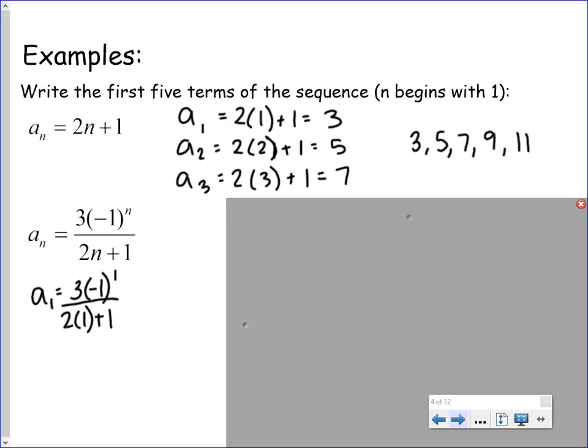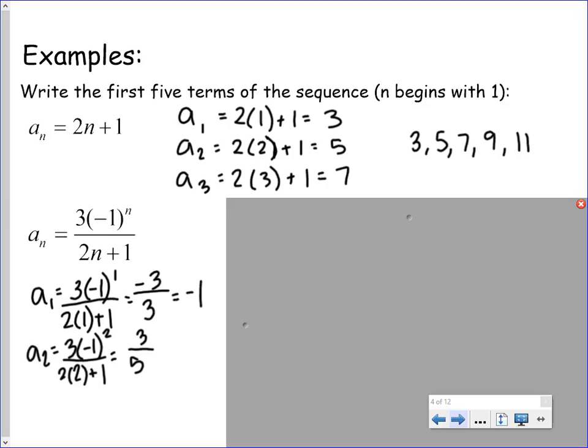In the numerator, I have -1 to the first, which is just -1, times 3, that's -3, over 2 plus 1 is 3, so my first term would be -1. Do a sub 2: 3 times -1 squared, all over 2 times 2 plus 1. When I square -1, it will now be a positive 1 times 3, so I'll get positive 3, and then 4 plus 1 is 5.